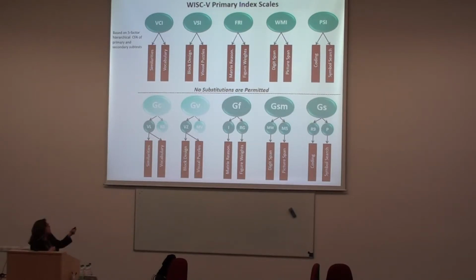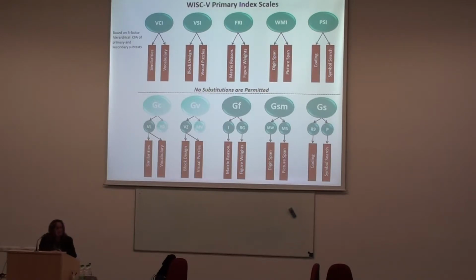We have a Visual Spatial Index, which primarily measures visualization, a narrow visual processing ability. The Fluid Reasoning Index is based on a test of inductive reasoning, which is matrix reasoning, and a test of general sequential reasoning, or deductive reasoning, called figure weights. It's a very good index of fluid reasoning.